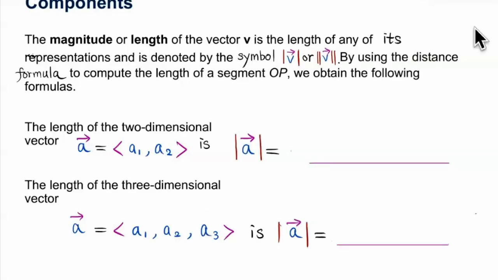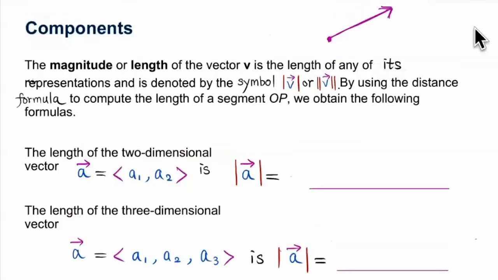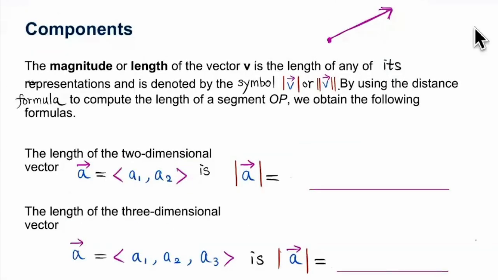Now we're going to talk about the magnitude or length of a vector. So what is the magnitude of a vector? Remember, a vector has magnitude and direction, and we often indicate it by an arrow. So what will be the length of it? Suppose this is a two-dimensional vector, say (A1, A2).